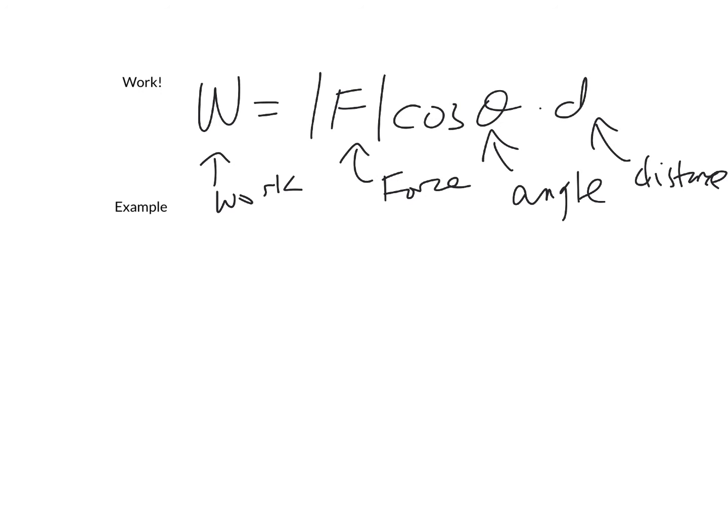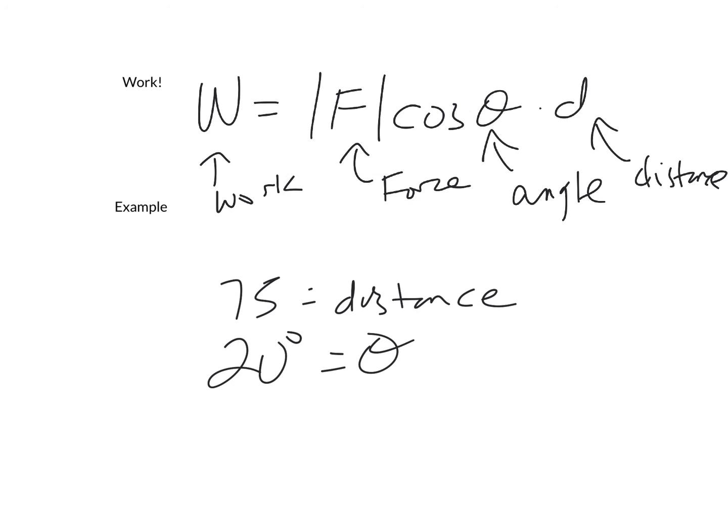Let's say, for example, that we have a package that's pushed across the floor at a distance of 75 feet, by exerting a force of 41 pounds downward at an angle of 20 degrees with the horizontal. How much work is done? These word problems pretty much tell you everything.